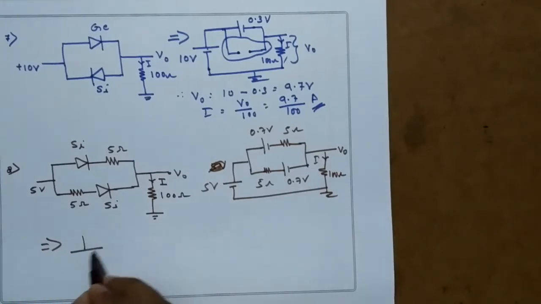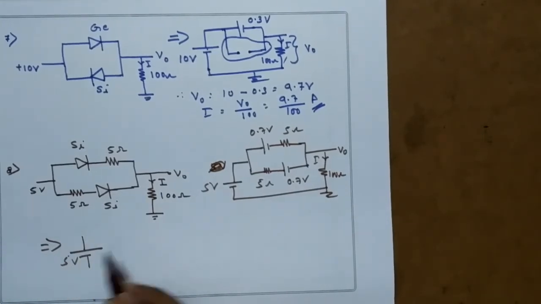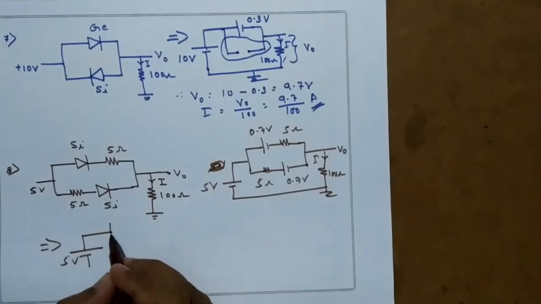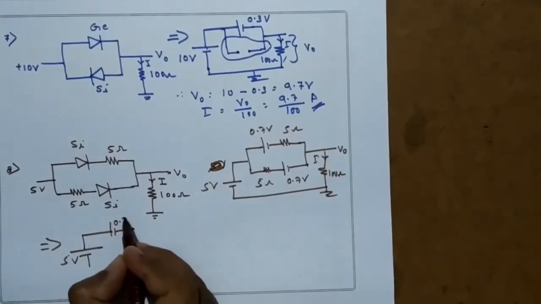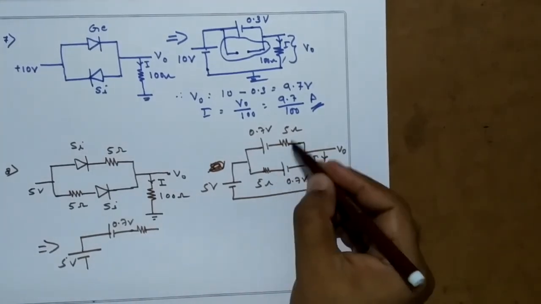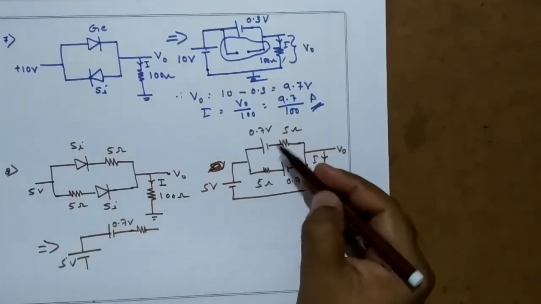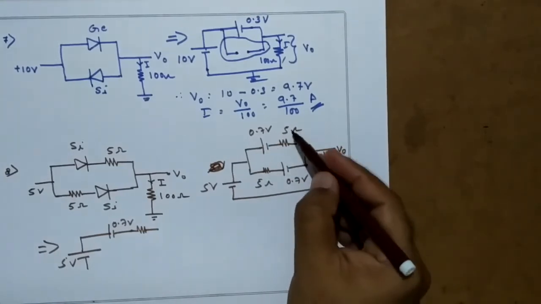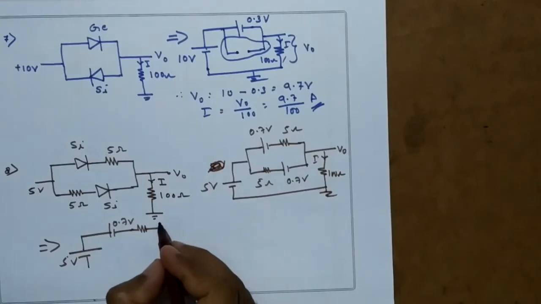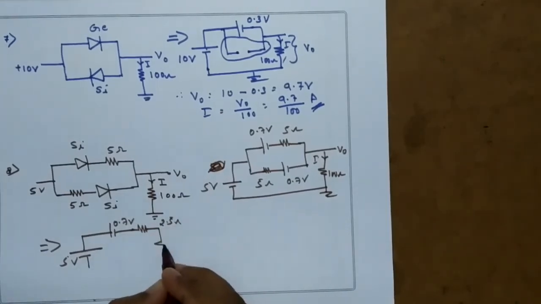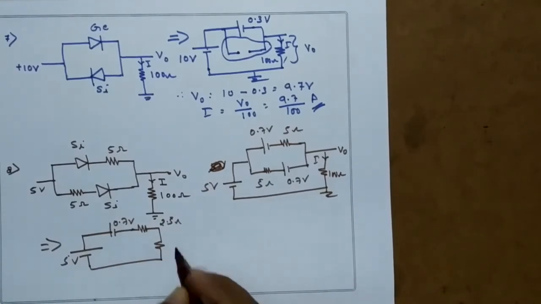So 5 volt here and here 0.7 volt with this polarity, and resistance is not 5 ohm. These two are in parallel actually. In parallel voltages are same, but resistor will be 5 parallel 5. It will be 2.5 ohm. Next, this is 100 ohm.